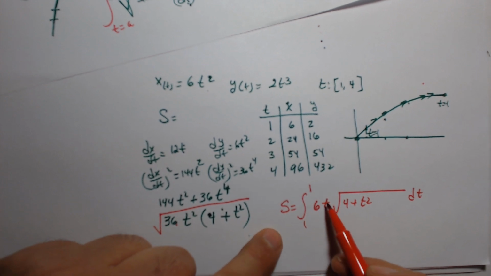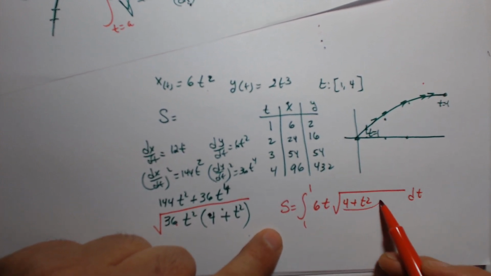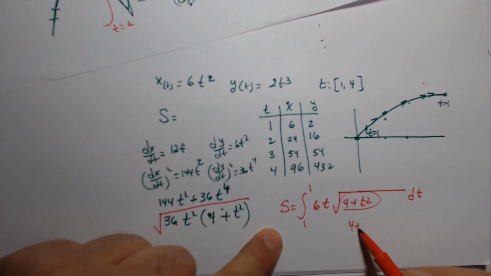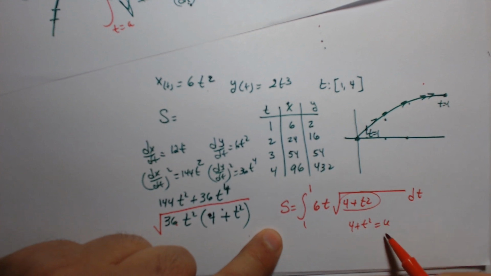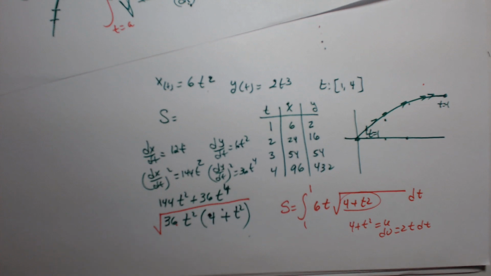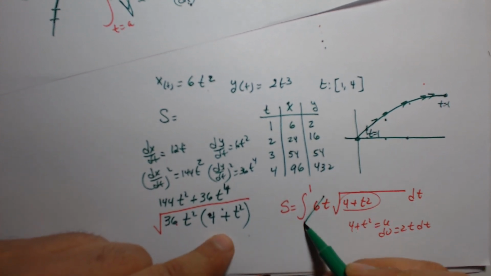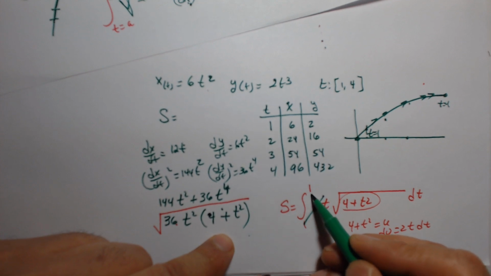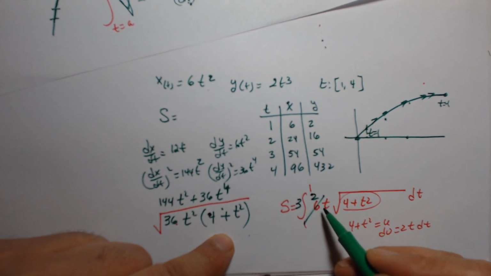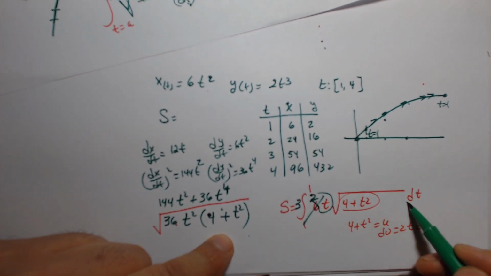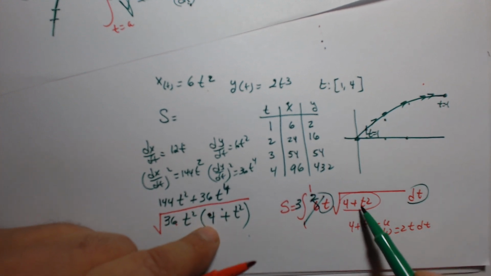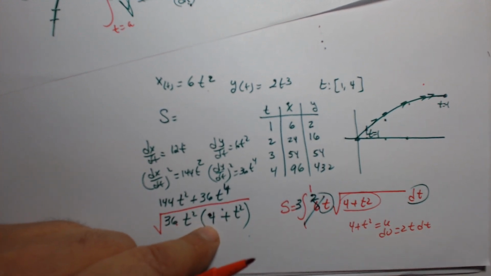Then, if I want to integrate that one, I call this 4 plus t squared a u, and my du is 2t dt. Therefore, I do need a 2 here, but I'm going to change that 6 to 3 times 2. That 2t and dt become your du, and that becomes u to the power of 1/2.